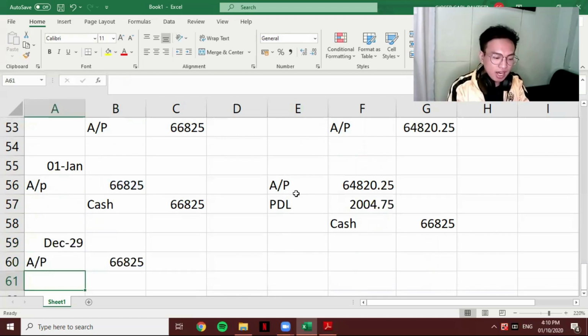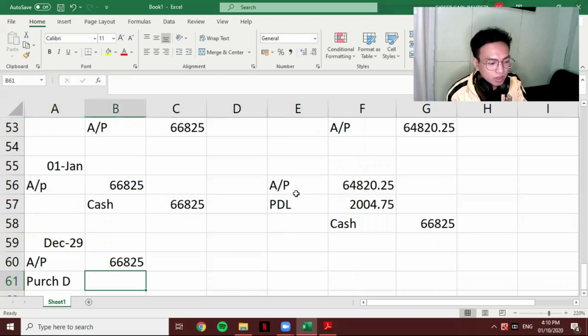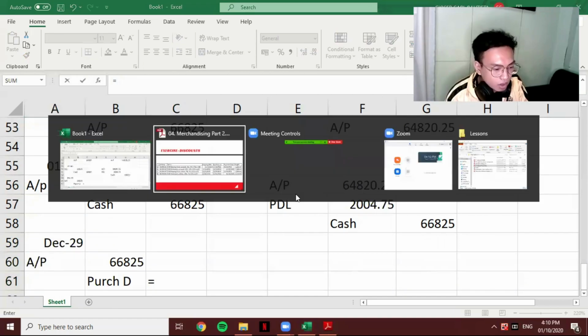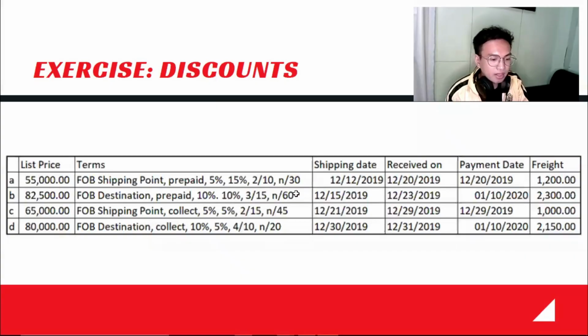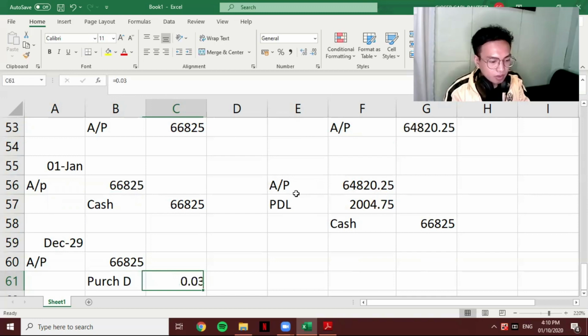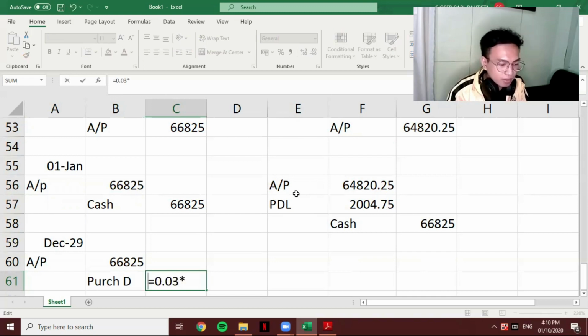However, may purchase discount, which is credited, amounting to how much? 3% of our purchase.